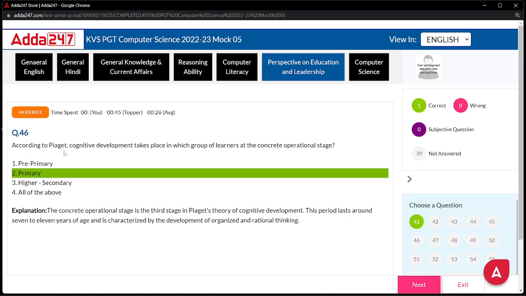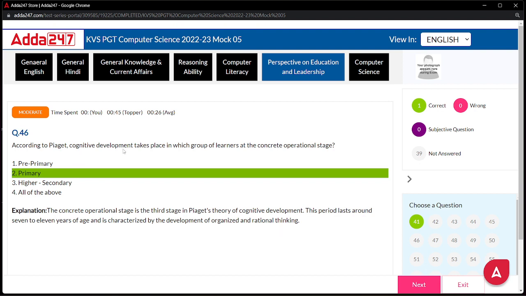Next, according to Piaget, cognitive development at the concrete operational stage takes place in which group of learners? So the answer is primary stage. See the explanation: the concrete operational stage is the third stage of Piaget's theory of cognitive development. This period lasts around 7 to 11 years of age and is characterized by the development of organized and rational thinking.